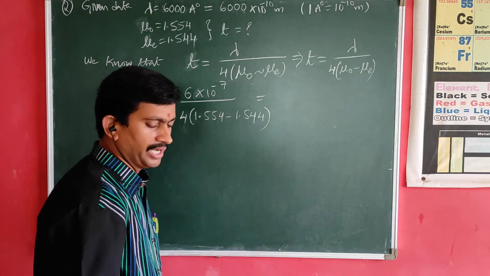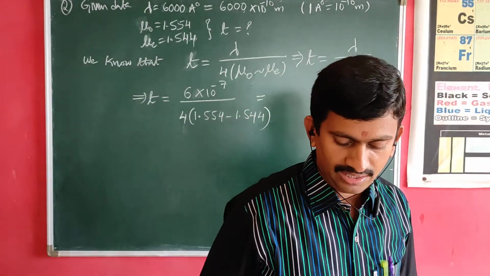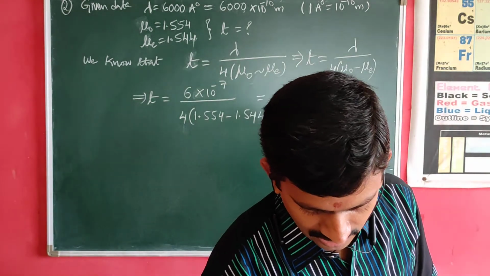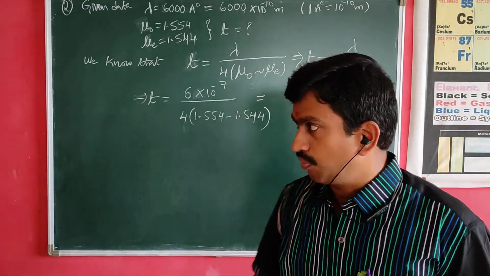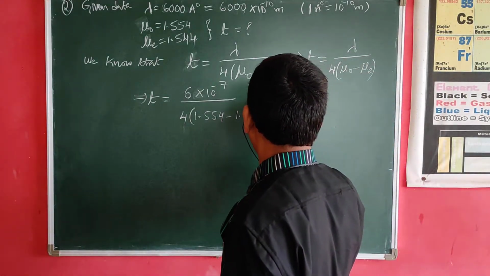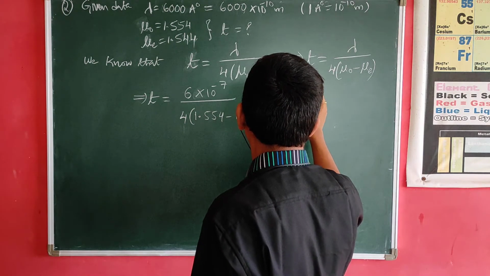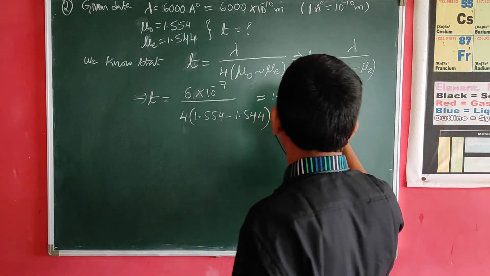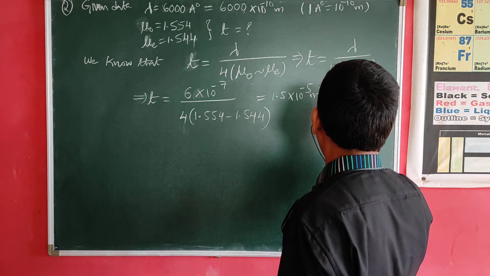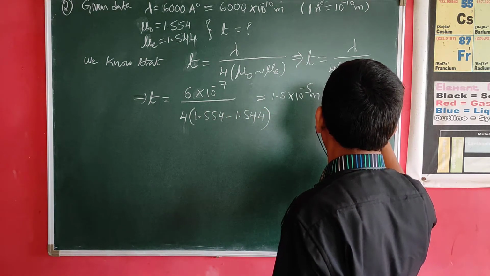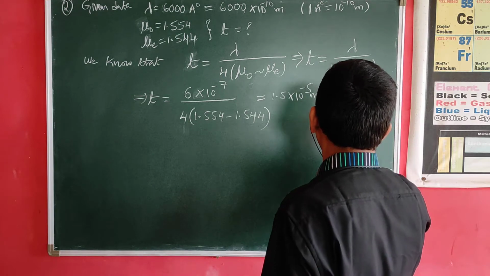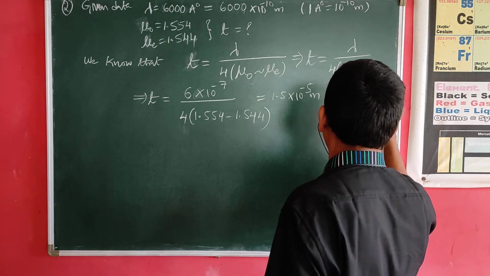If you operate your calci, then you will get the answer around 1.5 into 10 power minus 5 meters, which is nothing but 15 into 10 power minus 6 meters, that is 15 micrometer.